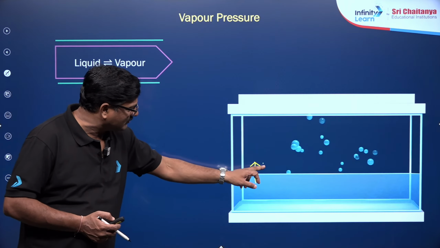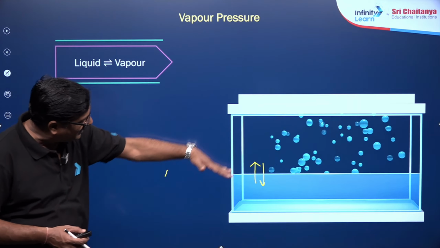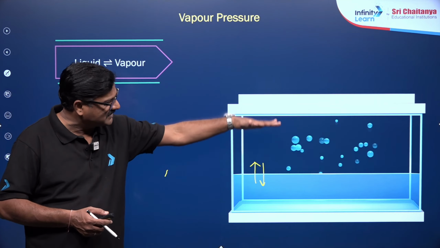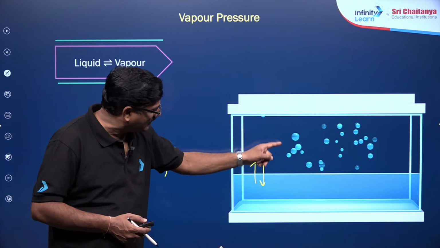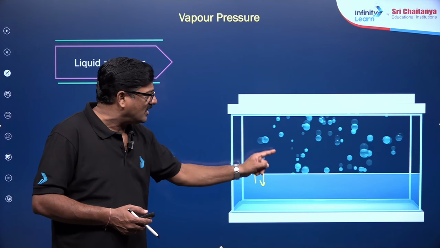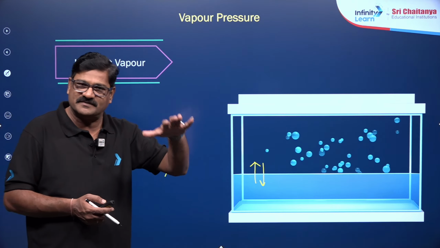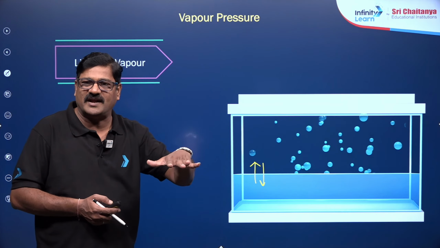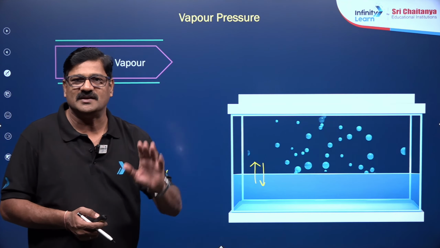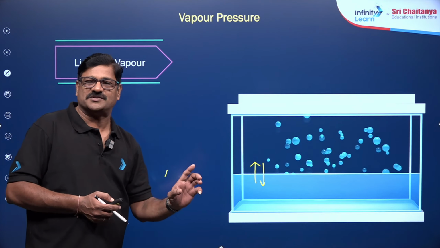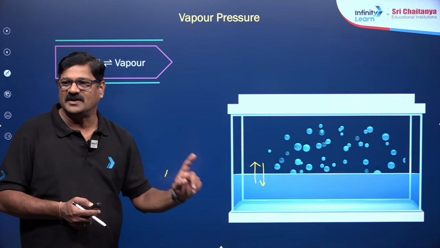When the vapor molecules come and hit back on the surface of the liquid, they exert some pressure on the surface of the liquid. That pressure exerted by the vapor on its own liquid at equilibrium is called equilibrium vapor pressure, or simply vapor pressure, and this is a property of a liquid.